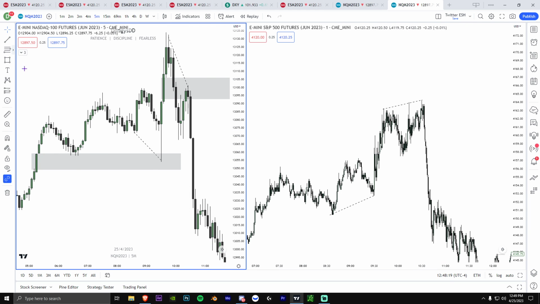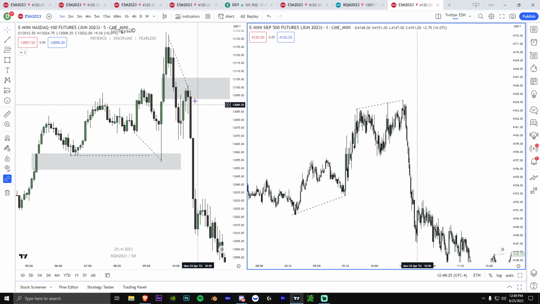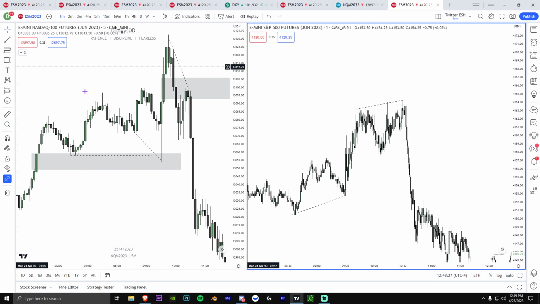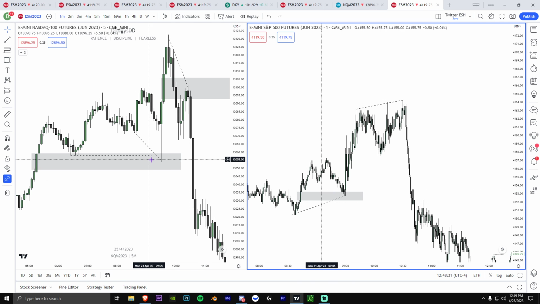So knowing we take out these lows and we're bouncing into a higher time frame fair value gap, this is one of those where you can predict in live time, because you're like, okay, it's a fair value gap on ES, and we're also taking out a low on NQ. So you could either buy ES or buy NQ. It doesn't really matter, but that's just another example.